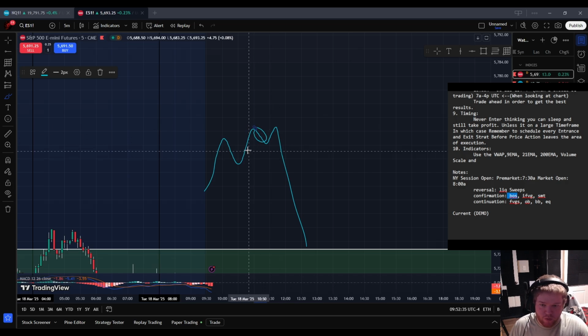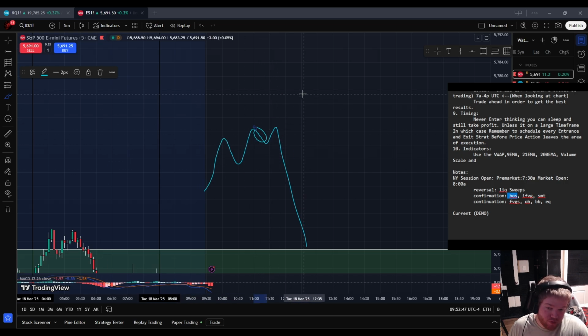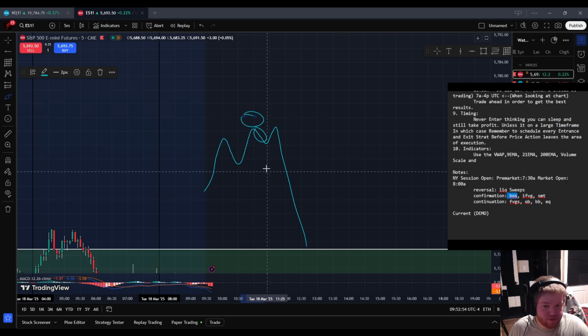And essentially, the way he describes it is this is the failed retrace that allowed market makers to manipulate and fill their sell orders with the resting liquidity above these buy orders here in the uptrend.